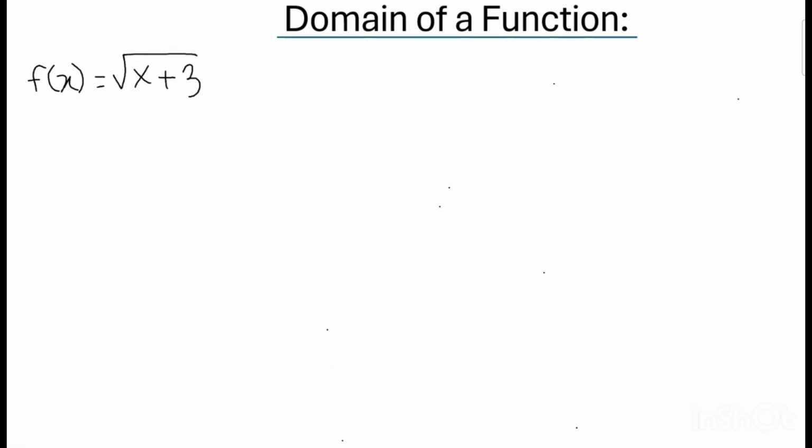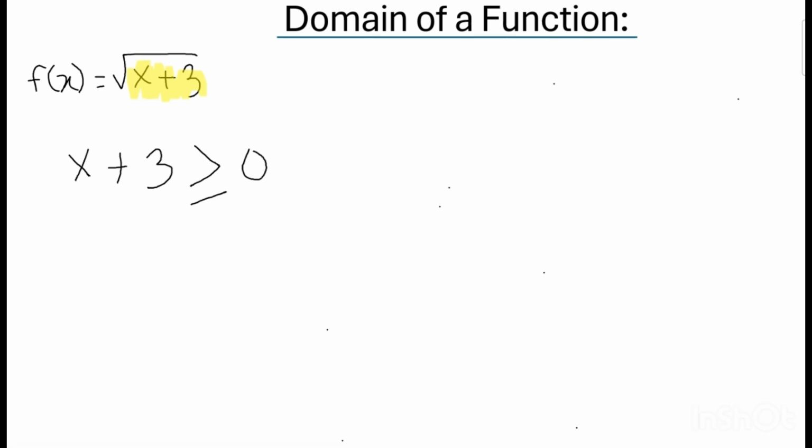This is our last problem for today. In this case we don't have a denominator, so the denominator is 1. However, we have a root in the numerator, so we also have to take that into consideration. If we have a root in the numerator, we can put everything that is inside the root greater or equal to 0.